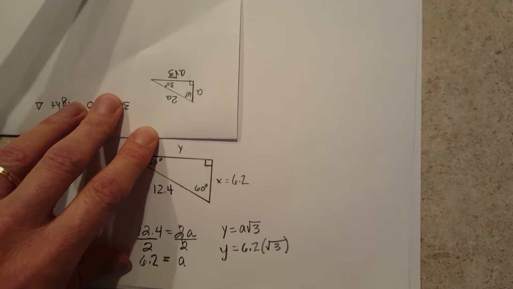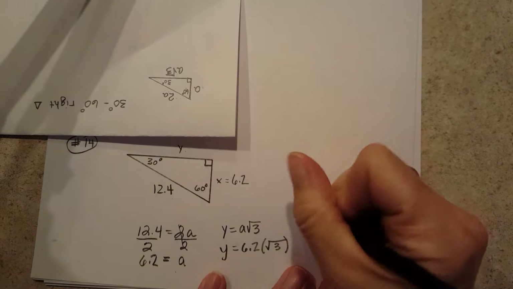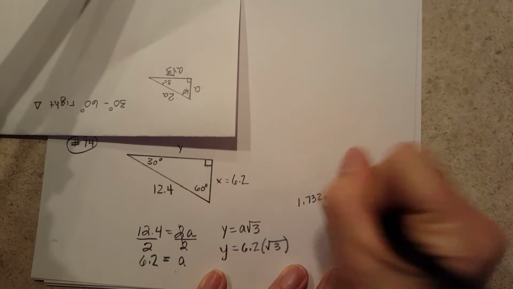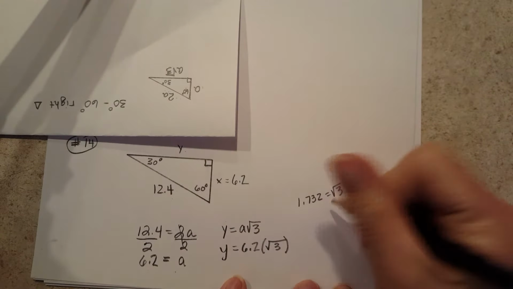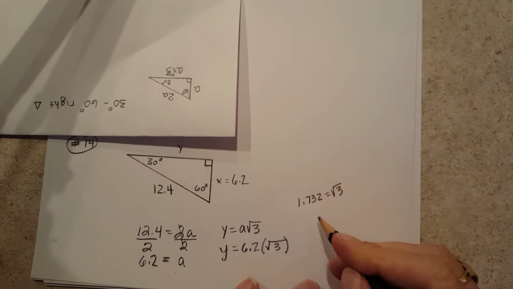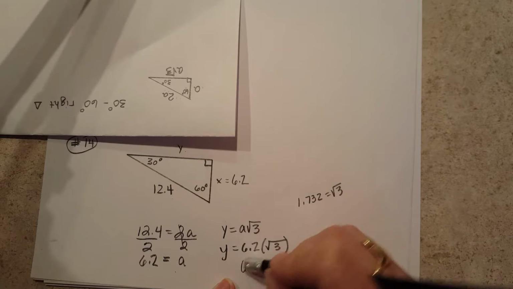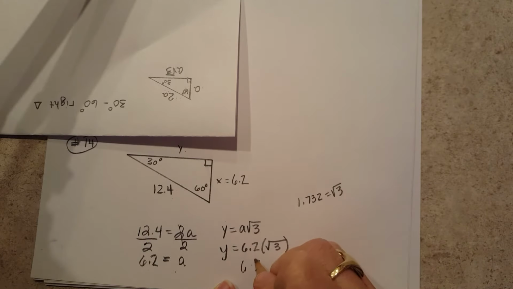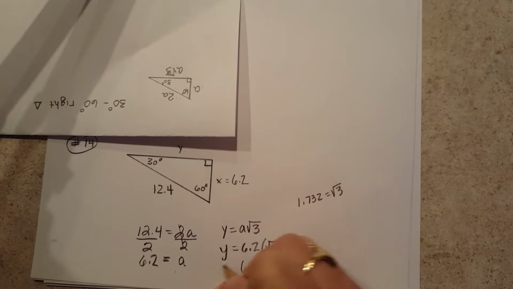Now, in your book on these, where you're going to just keep going and not leave a square root, it will tell you, I think it makes you use 1.732 for square root 3. Instead of using your square root button, they want you to use this. So let's do that here. Let's do 6.2 times 1.732. That's my y.